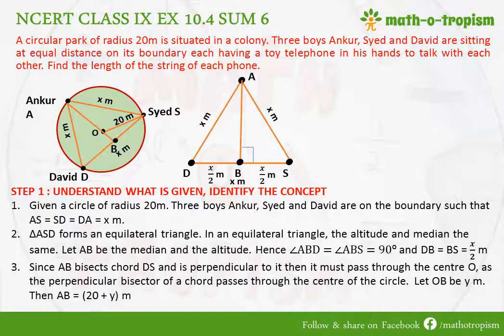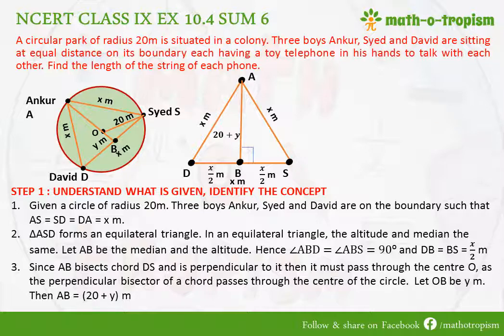From the theorems we know that the perpendicular bisector of a chord passes through the center, so O lies on AB. We know OA is 20 meters and OB we will take as Y meters. Then the total length AB will be 20 plus Y.